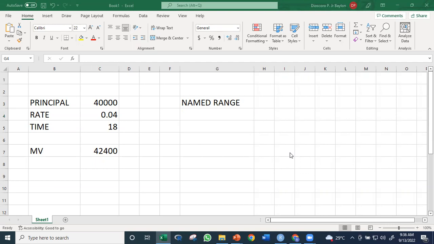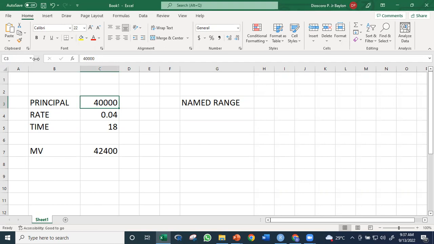All right, let me teach you a simple trick on how you can make use of named range. This number here, 40,000, the address of this one is C3, as you can see here.